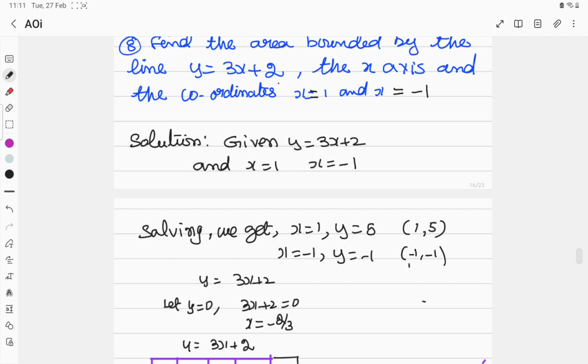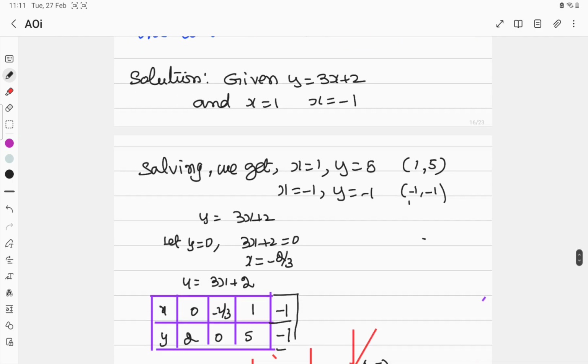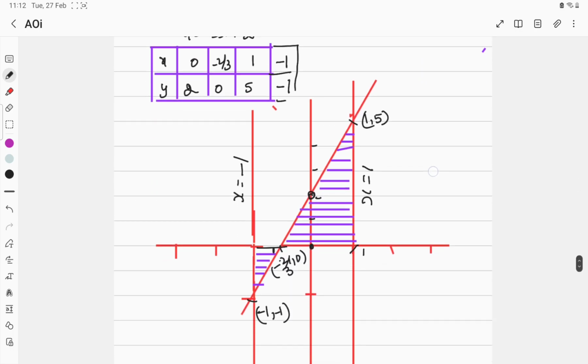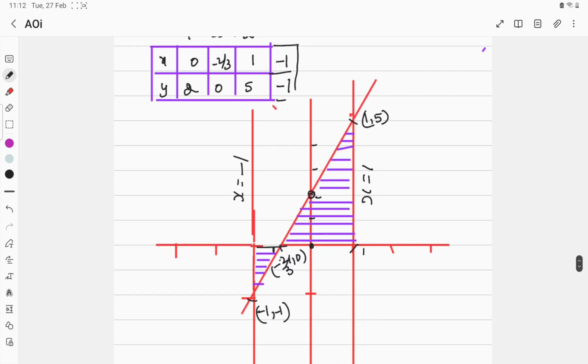Solving, we get the intersecting points (1, 5) and (−1, −1). Draw the table and plot the points.